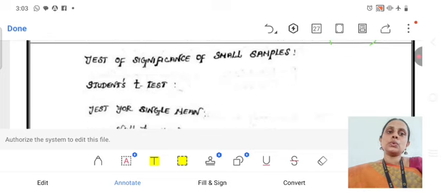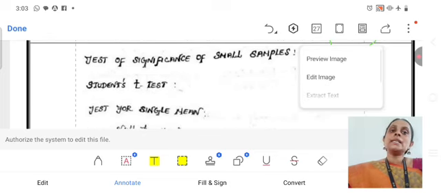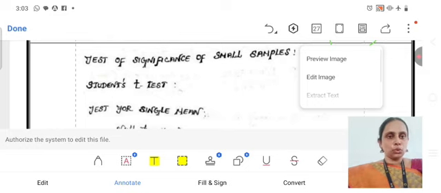The student t-test is a statistical method used to determine whether there is a significant difference between the mean of two groups.